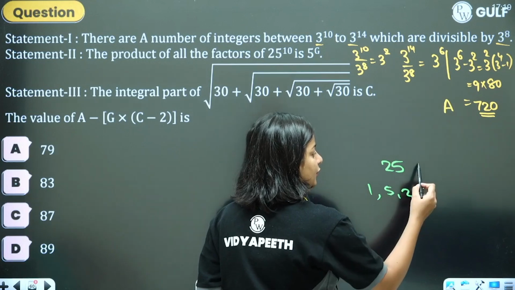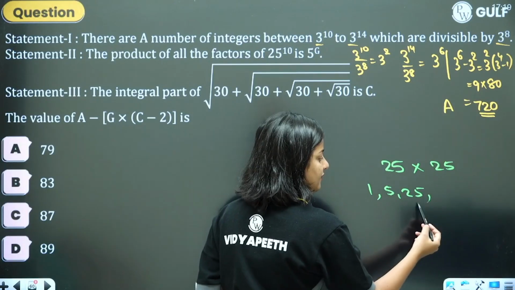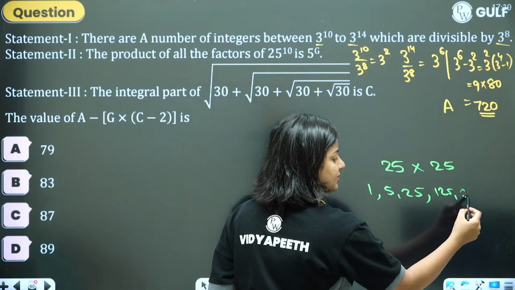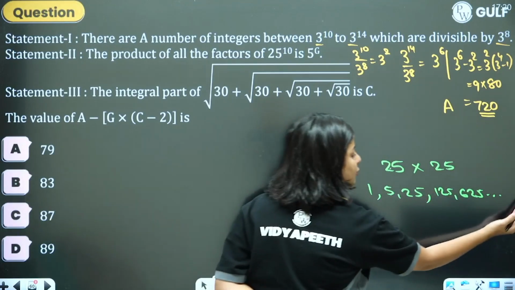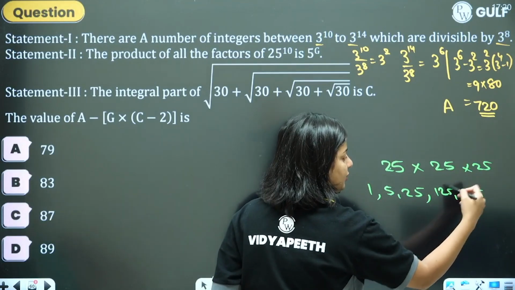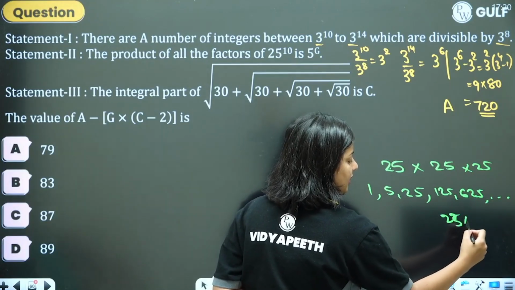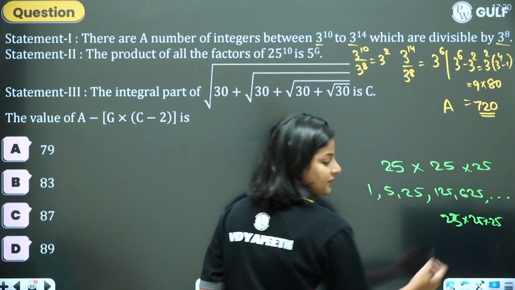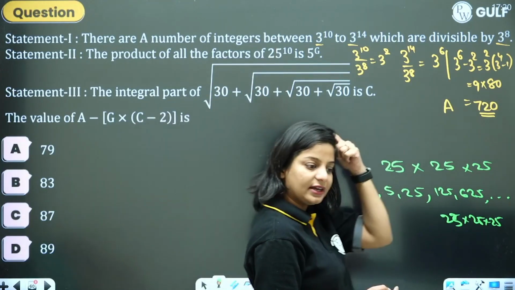The factors of 25 into 25, that is 625, will be 1, 5, 25, 125, 625. There will be so many, right? Till 25 into 25. If I add one more 25 to it, the factors will keep on increasing till 25 into 25 into 25. So if it is 25 raised to 10, how many factors are we going to get?